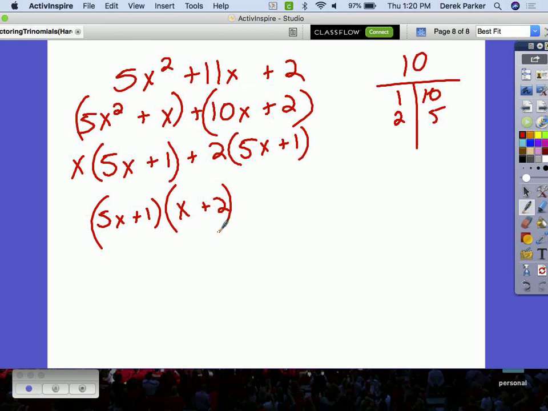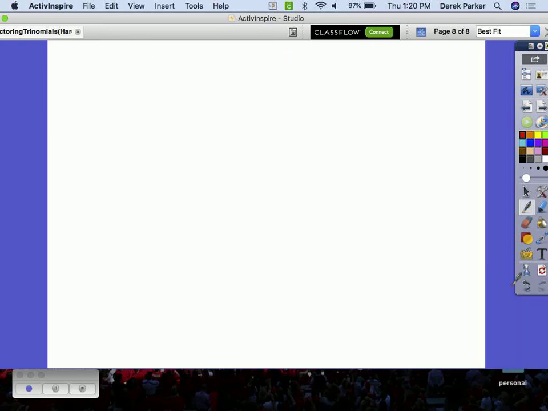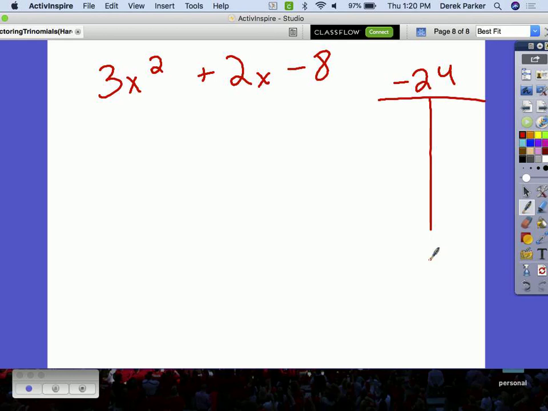The second problem that I'm going to do: 3x squared plus 2x minus 8. Do the AC method, and I get negative 24. 1 and 24, 2 and 12, 3 and 8, 4 and 6.